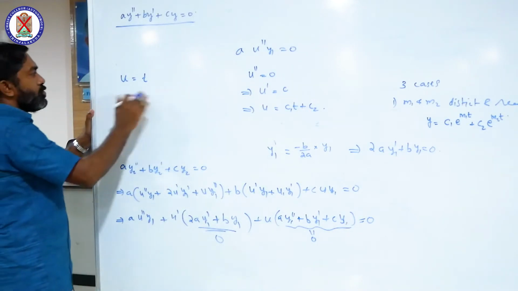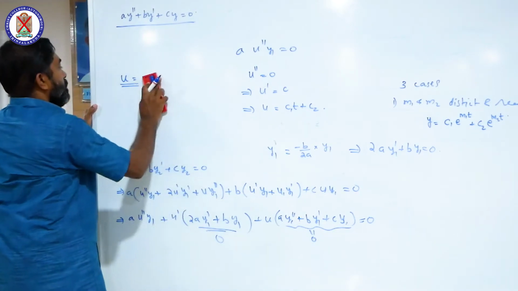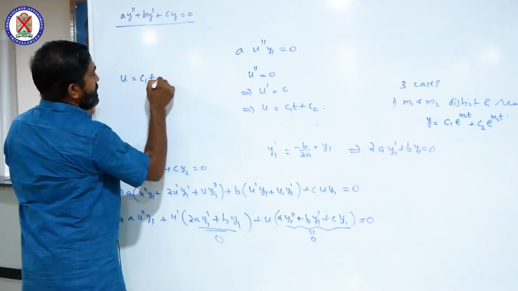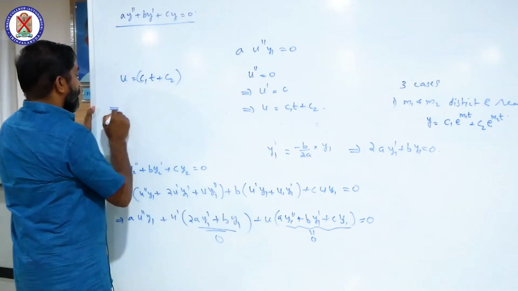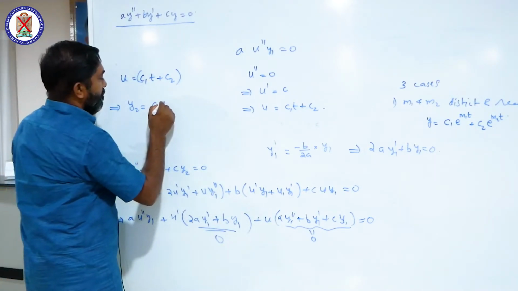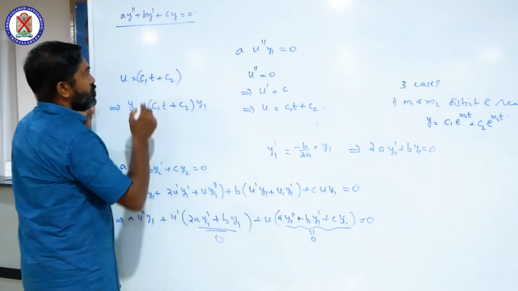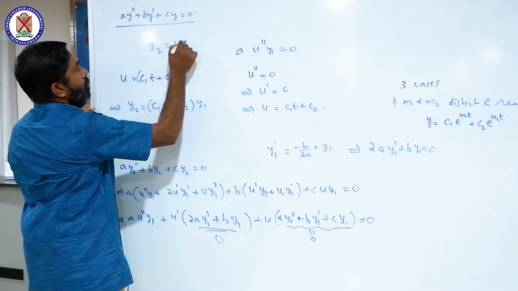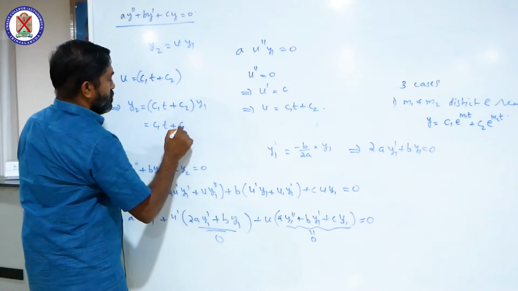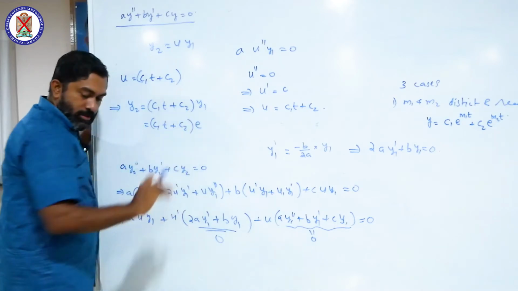If we take that also, then also no problem. So what will be the second solution? y2 is equal to c1 t plus c2 into y1, because we consider y2 equal to u y1.